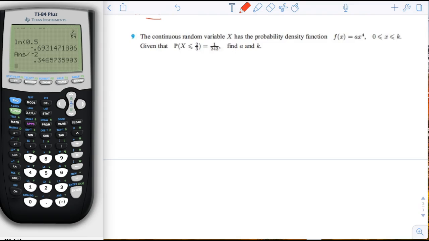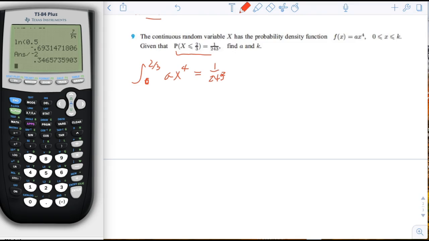So we got this PDF, and we know that a certain probability is equal to that. So let's say the probability that x is less than 2/3 can be calculated by doing the integral between 0 and 2/3 of the PDF. And that we know is equal to 1 over 243. So let's solve for a and k.